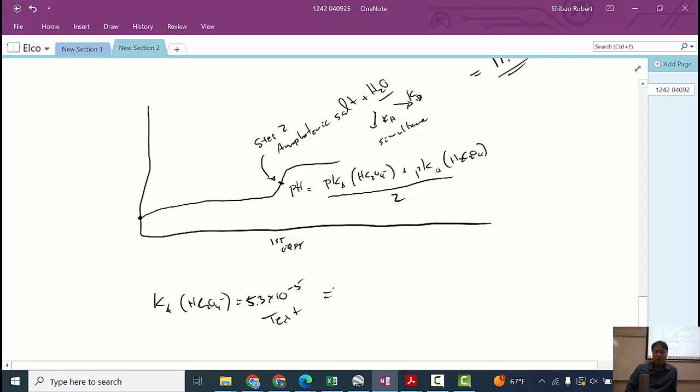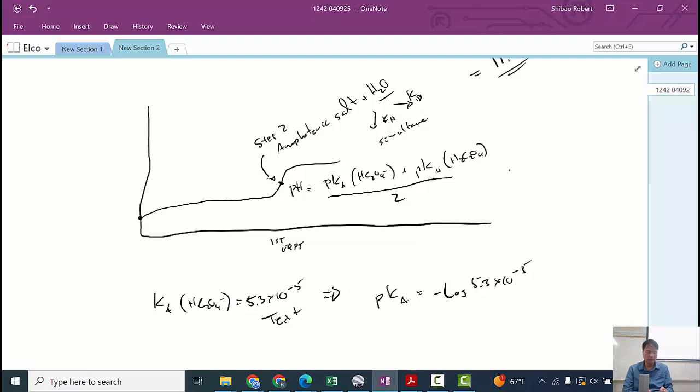Okay, so what we want is the pKa for that, the power function. So this is going to be the negative log of 5.3 times 10 to the minus 5. Let's see what that comes out to. 4.275.